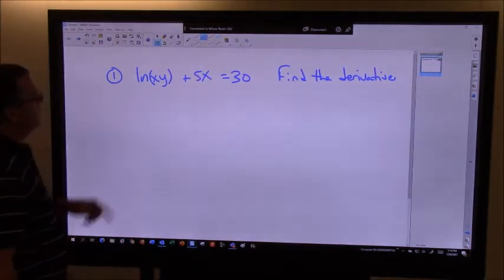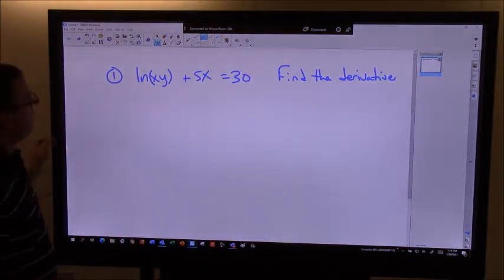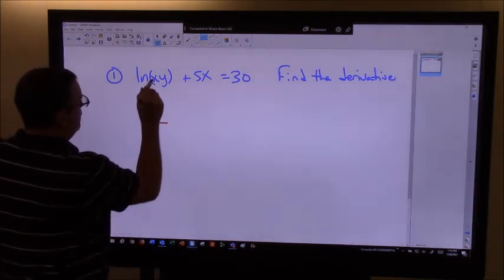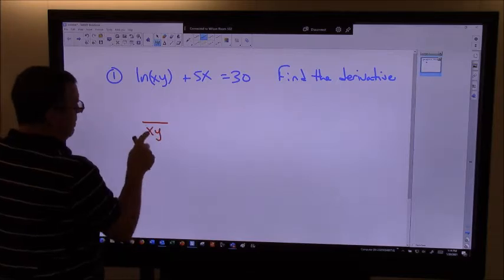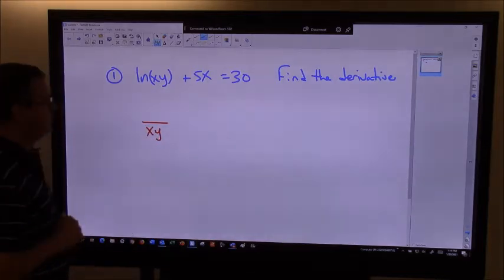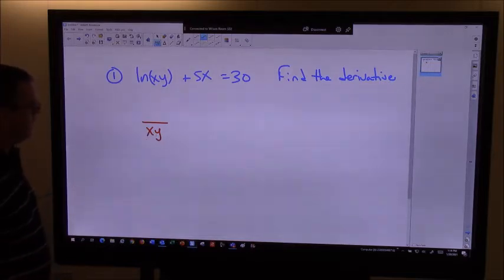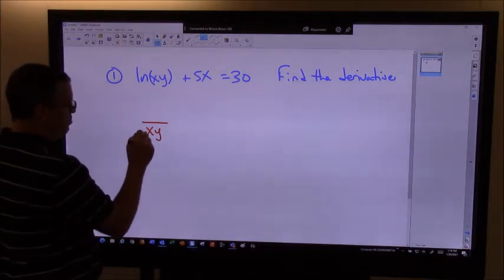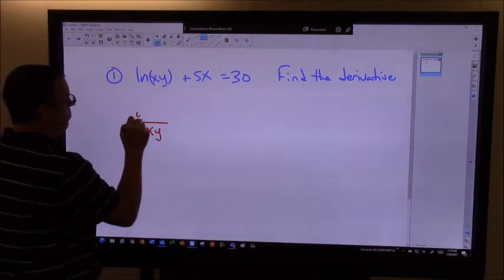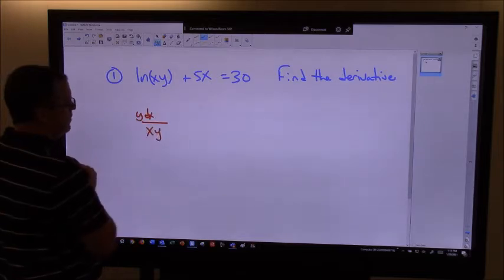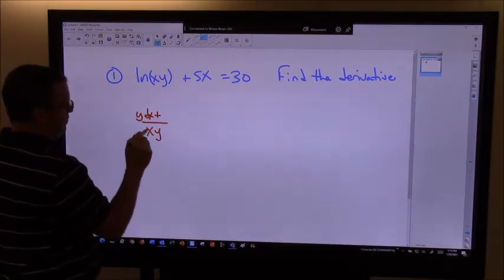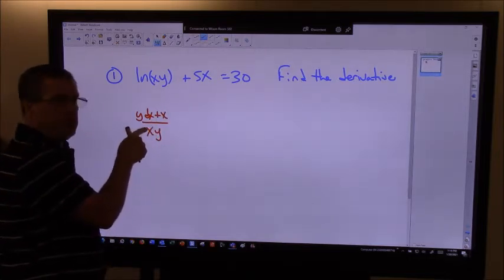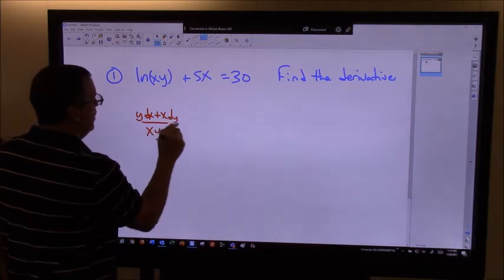All right, so when I take the derivative of a natural log, that means I want to do u prime over u. So I'm going to have this in the denominator, and then the derivative of that in the numerator. Now, because two things are being multiplied, that means I have to use the product rule. So I'll take the derivative of the first piece, which is 1, times the second, that's y, and I just took the derivative of an x variable, plus, leave the first the way it is, take the derivative of this, derivative of y is 1, and I just took the derivative of y.